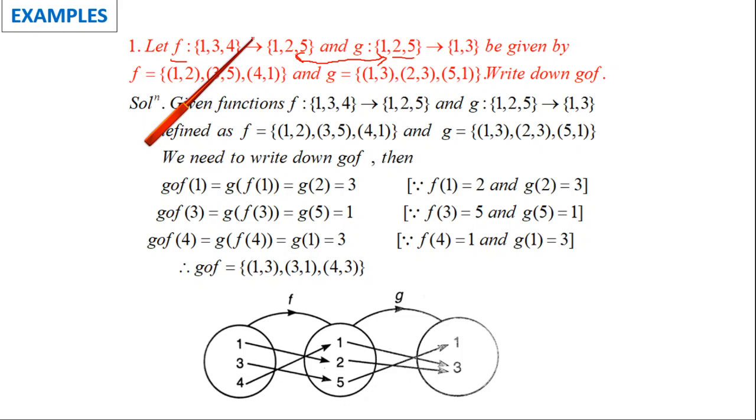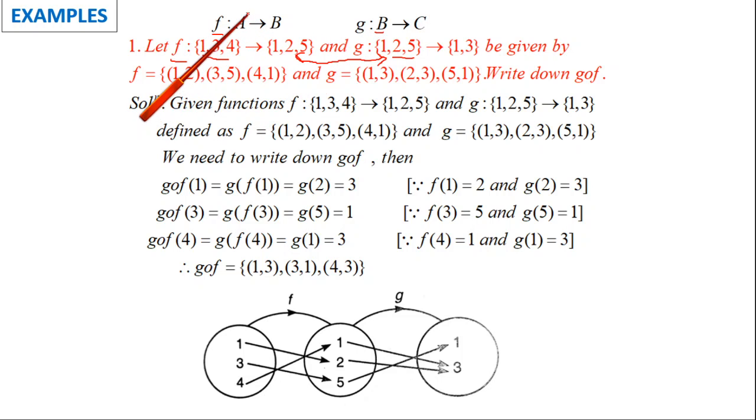In fact, here we have something like this. F is from A to B, where A is this set and B is 1 to 5, and C is 1 comma 3. And we see that range of f is contained in domain of g.